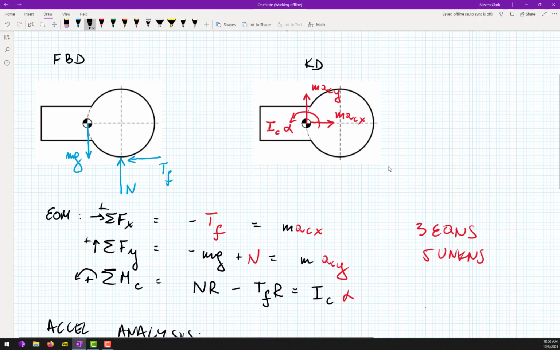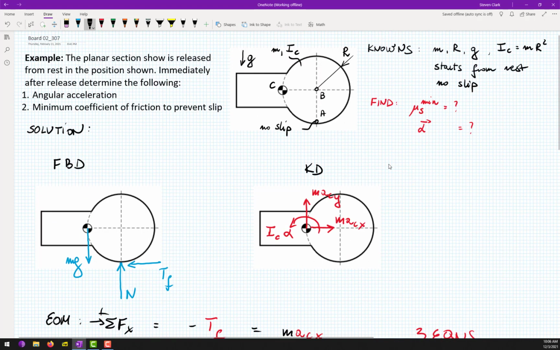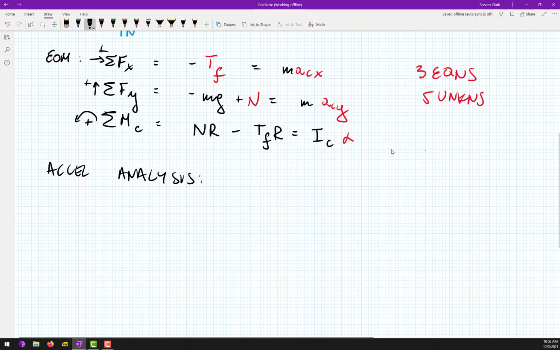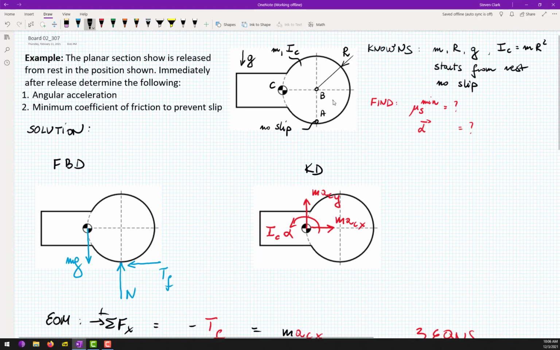And by the way, we don't know anything about any point, yes? So I propose running two acceleration analyses. Let's do acceleration analysis between B and A. Maybe let me copy this drawing here.